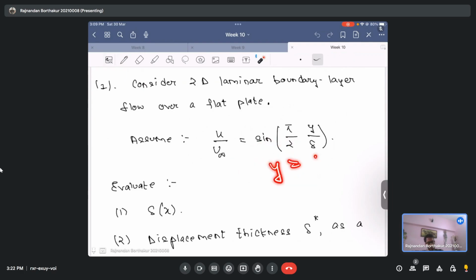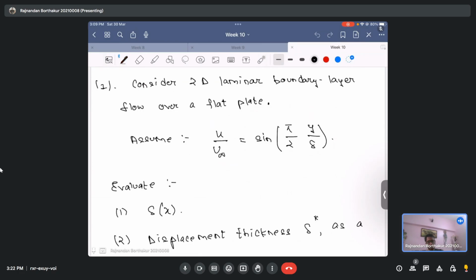When y equals delta, u by u infinity becomes 1, so this is also satisfied. And when you calculate del u by del y, it becomes a cosine function, which at pi by 2 goes to 0. So all three boundary conditions from the previous problem are indeed satisfied by this velocity profile as well.